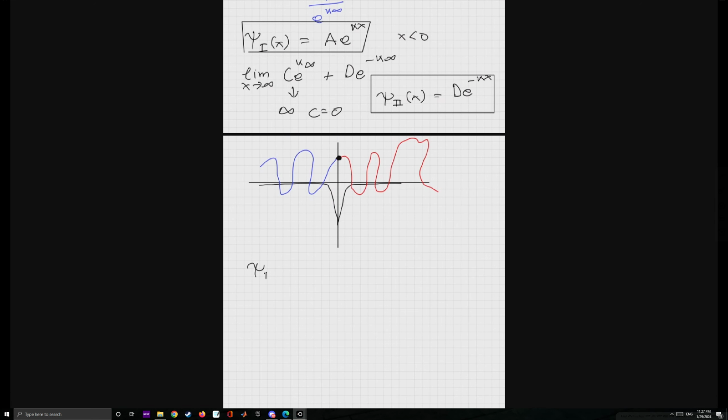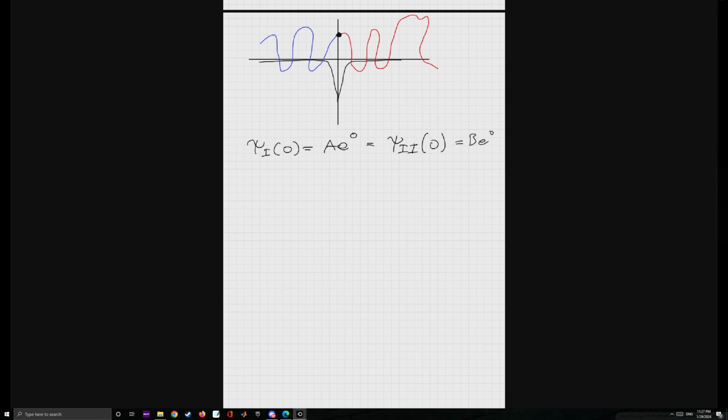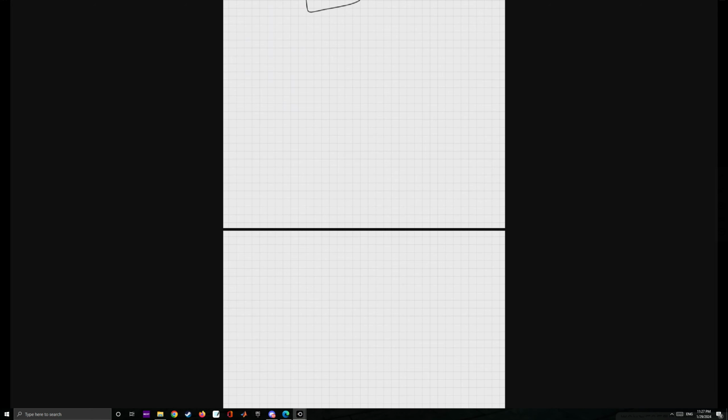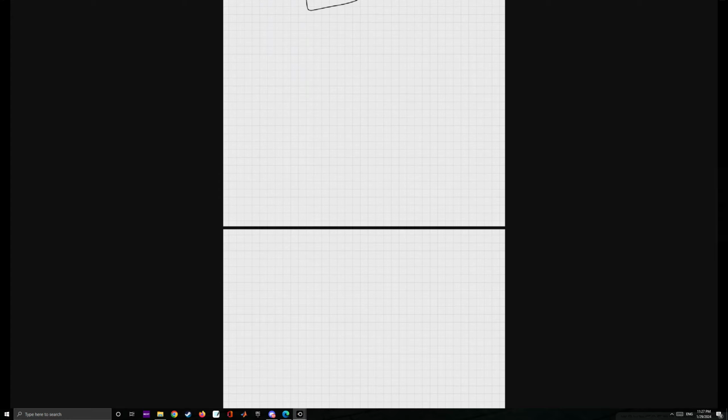So we do psi 1 of 0 equals a e to the 0 must equal psi 2 of 0, which equals b e to the 0. So we just say a equals b because e to the 0 and e to the 0 are 1. So since a equals b, we can simply write this as a piecewise function.